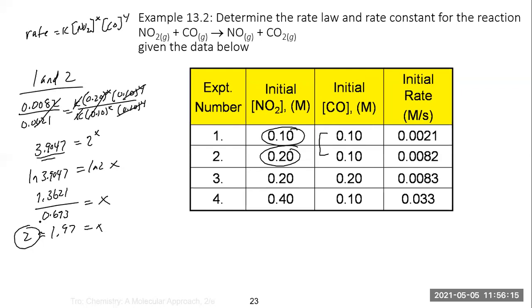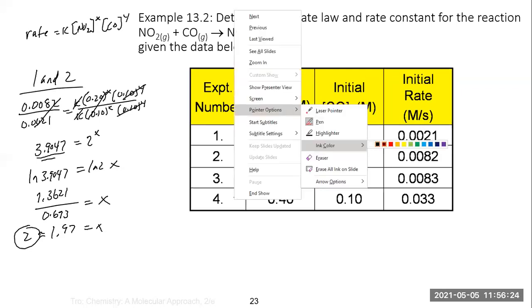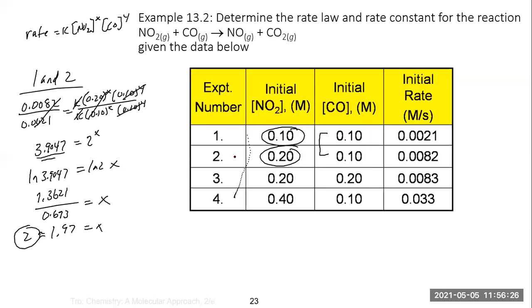Okay, so at that point we can keep the NO2 constant and take a look at the other one. Number 2 and 3 will do that for us, keeping our NO2 constant and varying our CO. So we'll look at 2 and 3, doing larger on top. They're essentially the same, but we'll go with number 3 up on top.